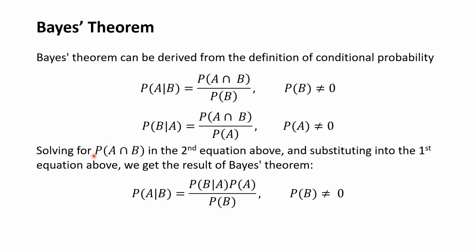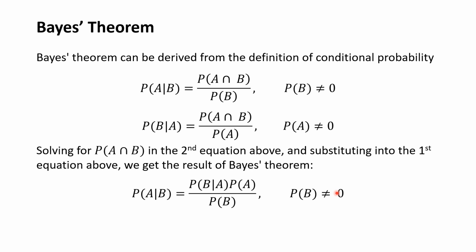And if we solve for the probability of A intersection B here, then it would be probability of A times the probability of B given A, and then substitute that into equation 1, we get basically Bayes' theorem. So we have our equation 1, we solve for probability A intersection B here, and we put that in the numerator. And under the assumption the probability of B doesn't equal 0.